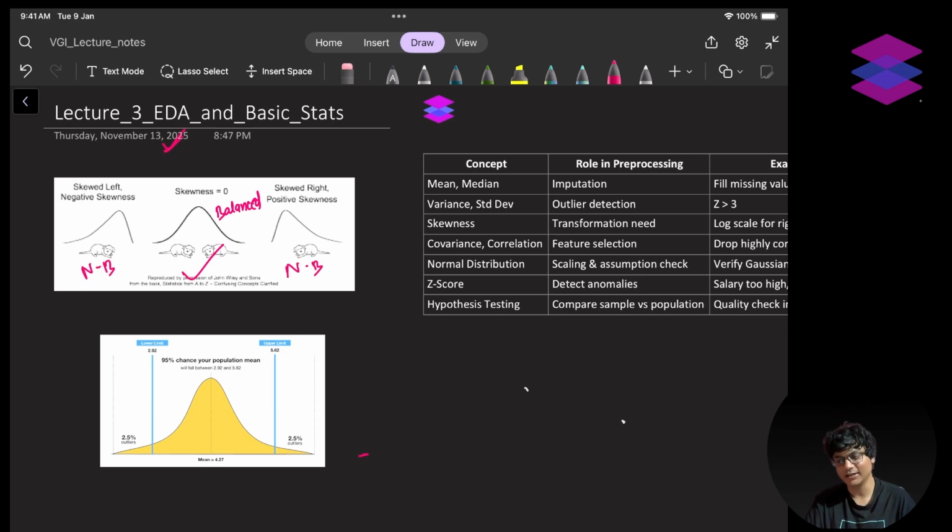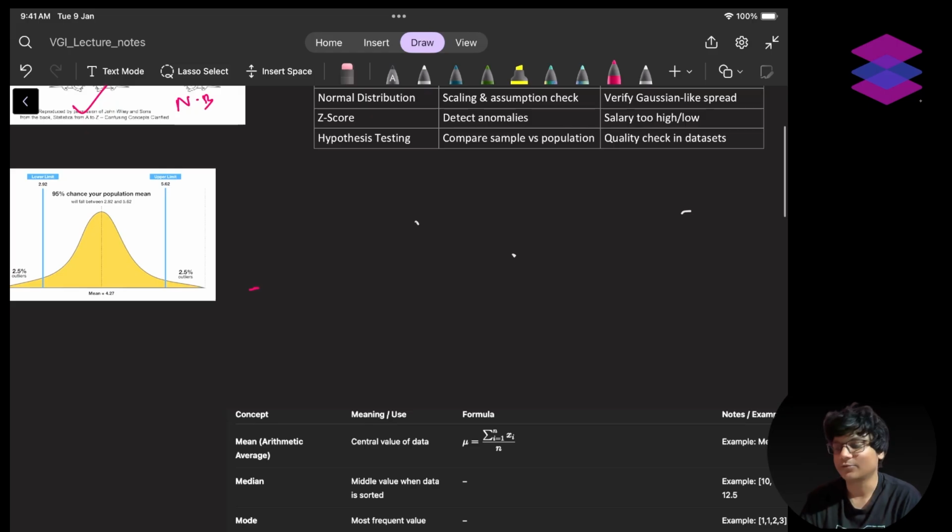So why is it needed to convert any data into balanced data, okay? Let's say you have an age group, from 10 years to 25 years to 35 years to 45 years, 50, 55, something like this, okay.